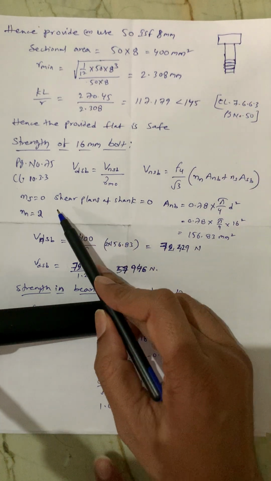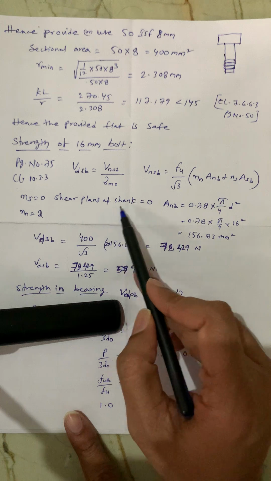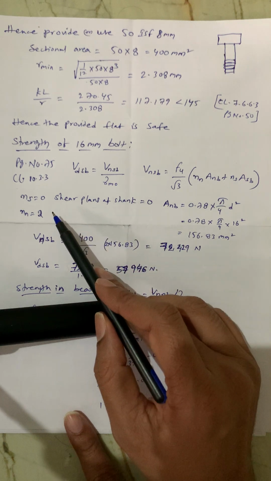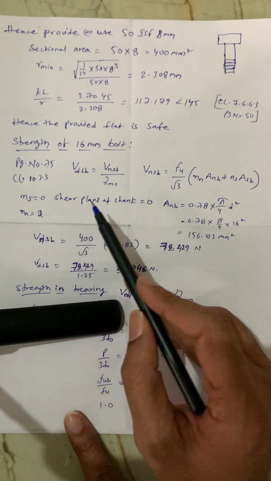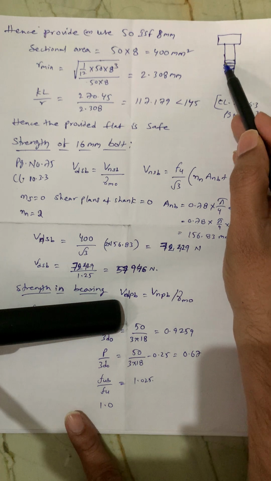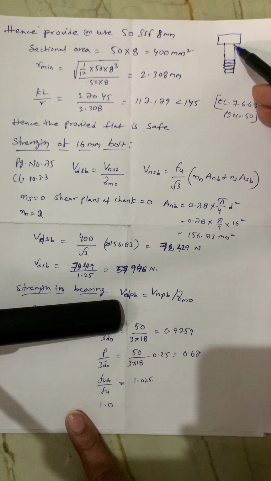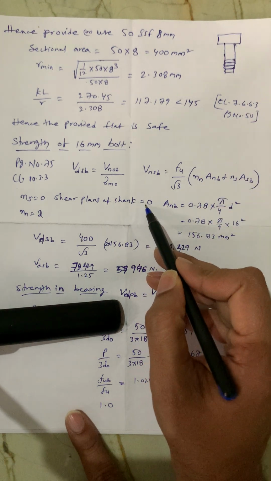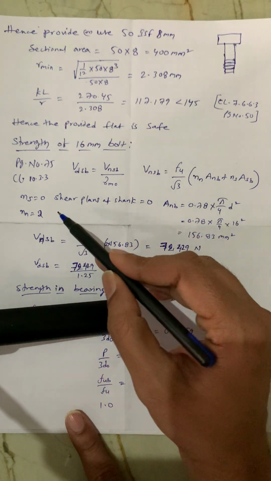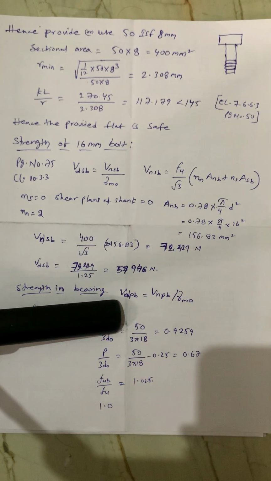So NS equal to shear planes at shank and NN equal to number of shear planes with threads. So this is the threaded portion, NN. NS is shear planes at shank, which is 0. There is no shear here because there is no connection for the bolt and nut. So that is 0 and NN equal to 2. Why? Because we make the connections on two sides.